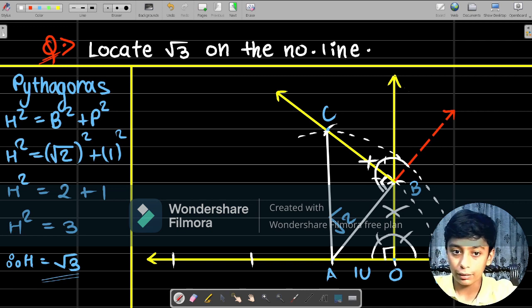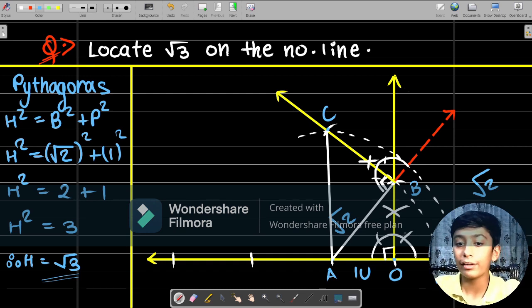The new point which we get, let's name it R. The value of P was root 2, and the value of R is root 3.